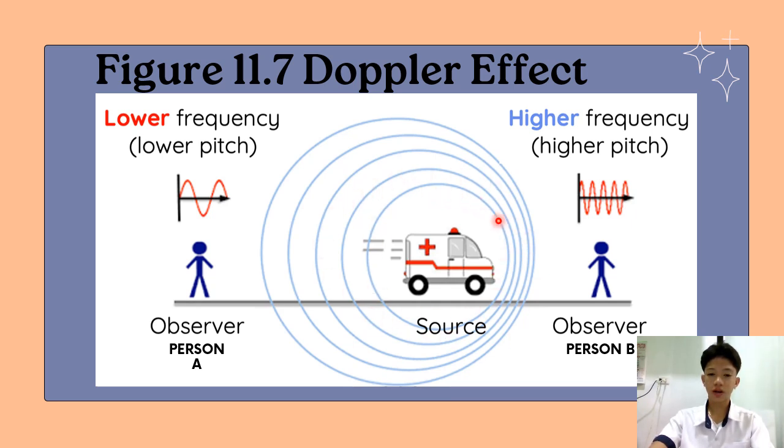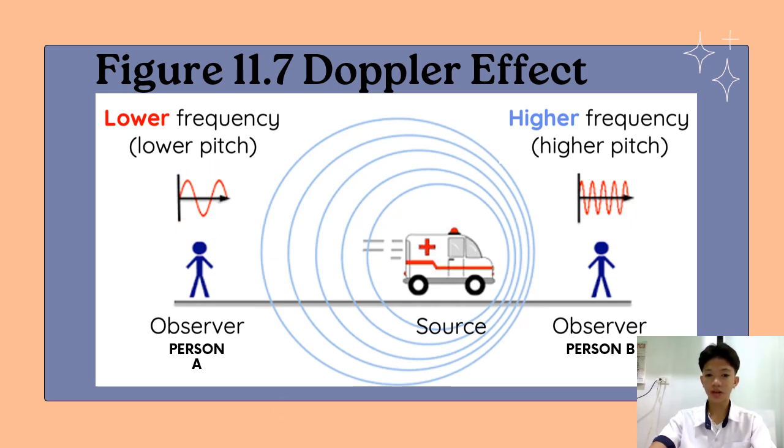As you can see at the ambulance, we have circles that surround the ambulance. These are the sounds, or the wave frequency. This is why person B is getting a higher pitch and person A is getting a lower pitch.